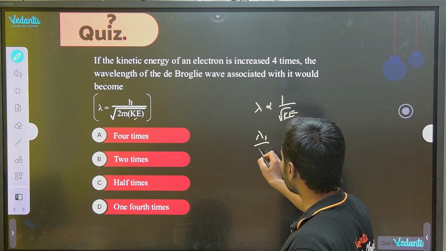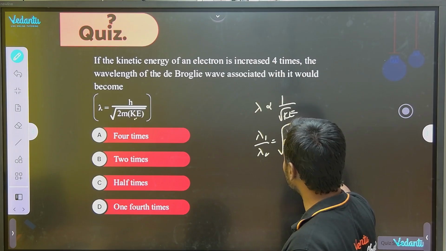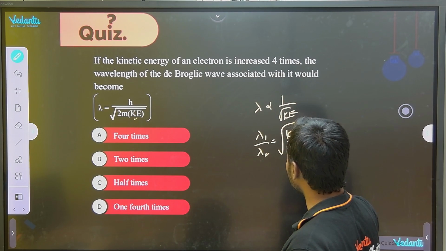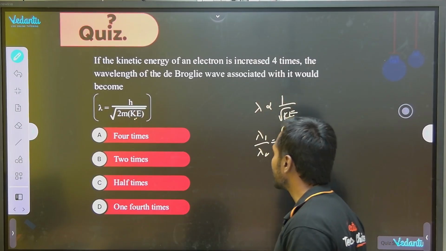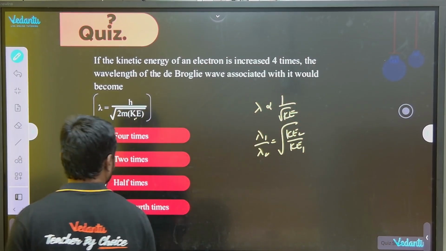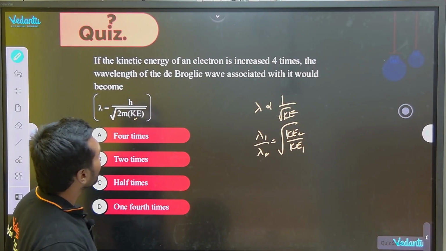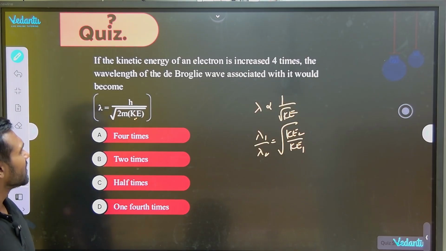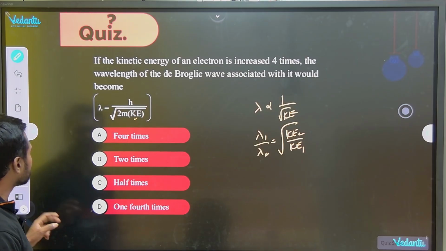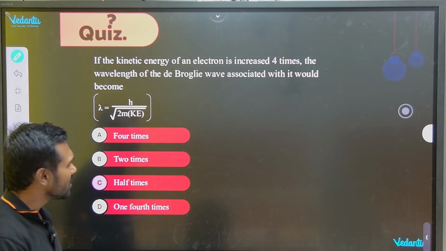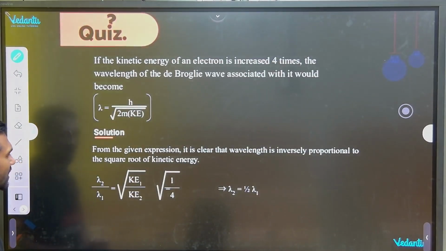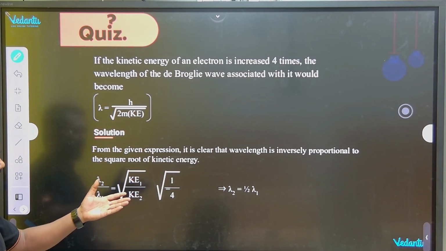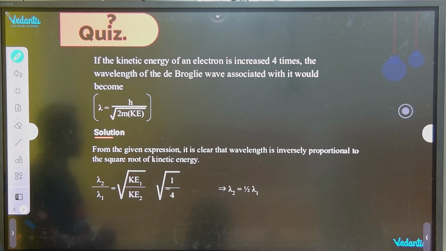So lambda 1 by lambda 2 is equal to the square root of kinetic energy 2 by kinetic energy 1. Kinetic energy is increased 4 times, so you are going to get half, because the root is there. So if you find lambda 2, you will get 1 by 2 of lambda 1.